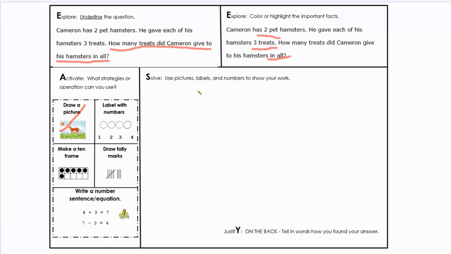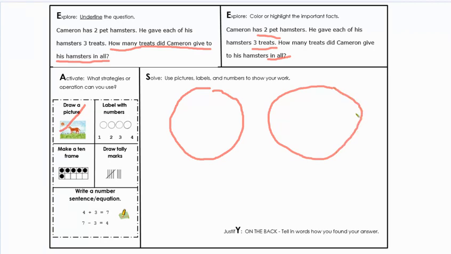So how many hamsters do I have to draw? That's right, 2 pet hamsters, okay? So I'm going to draw 1, okay, and 2. Okay, so there's 2 hamsters. So now I have to draw the treat, right?